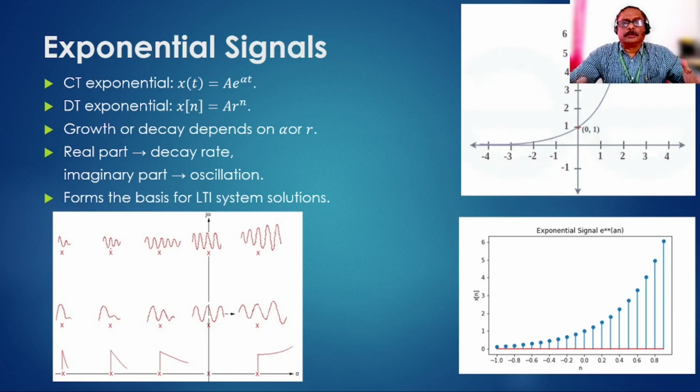That's our whole goal: to understand any complex signal and the behavior of any complex system, so that in future, if we know what signal we want, we know how to get it, or if we want to define a system that behaves as we want, we know how it should be designed. That's our final goal in learning signals and systems, and exponential signals play a very important role.